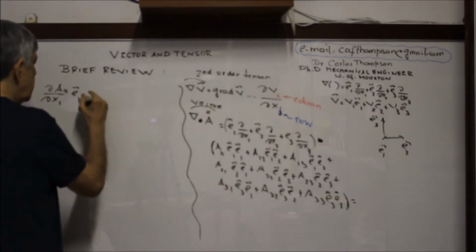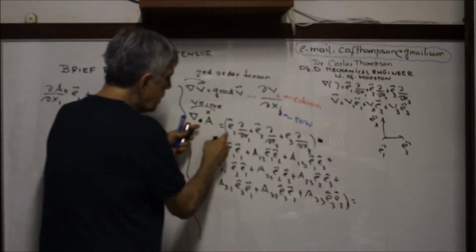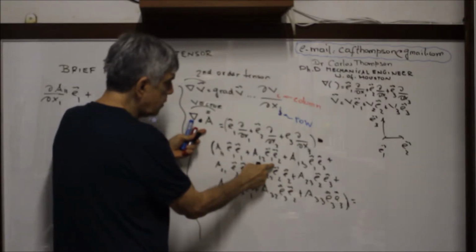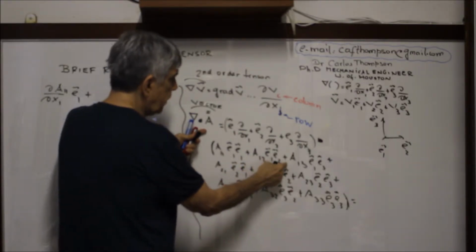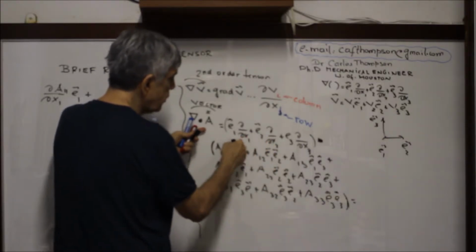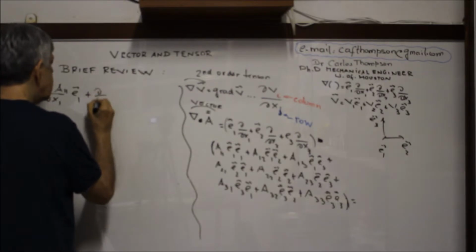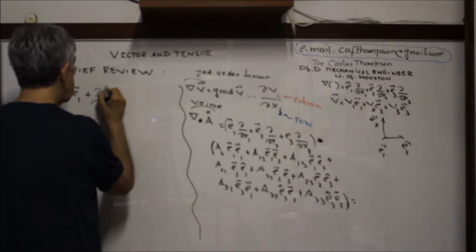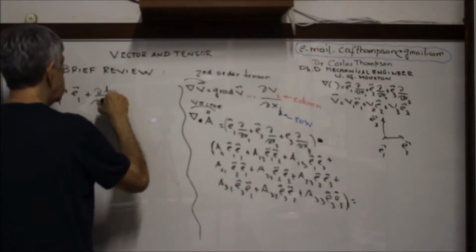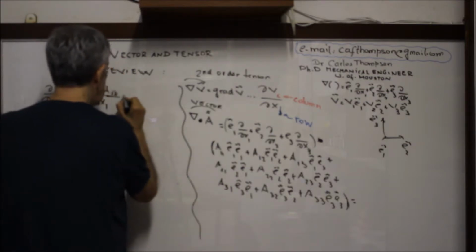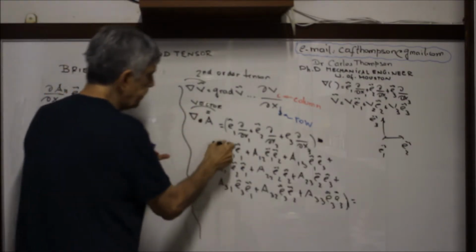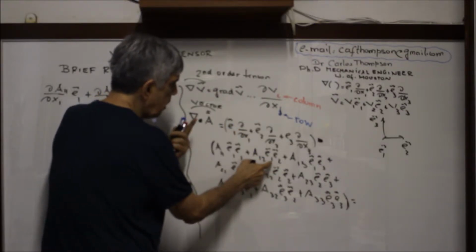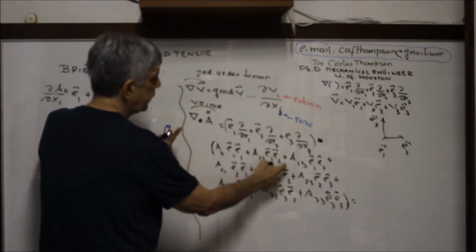It's over here. Plus, now, this one dot this one. So E1 dot E1 will be 1, so what is left is E2. So there's a partial with respect to x1 of A12, E2. I'll repeat again: E1 dot this one, E1 dot E1 will be 1, so E2 is left.